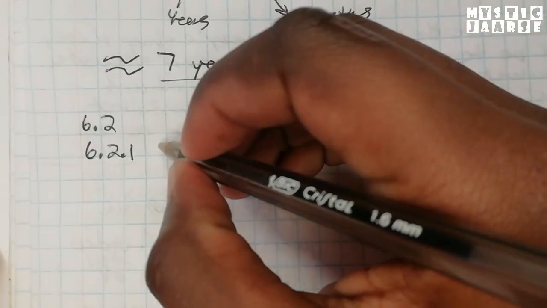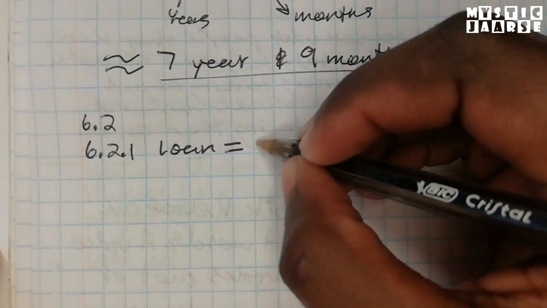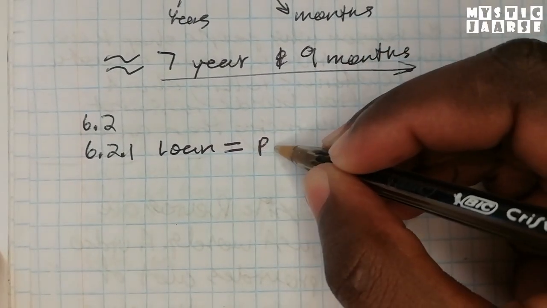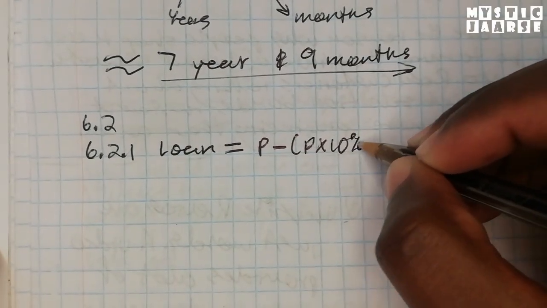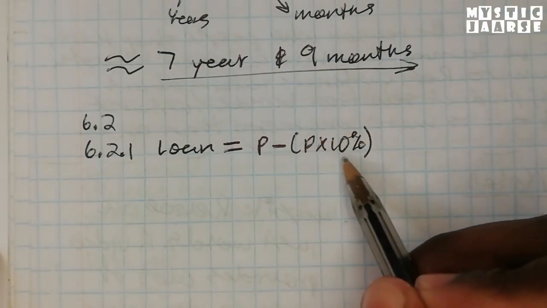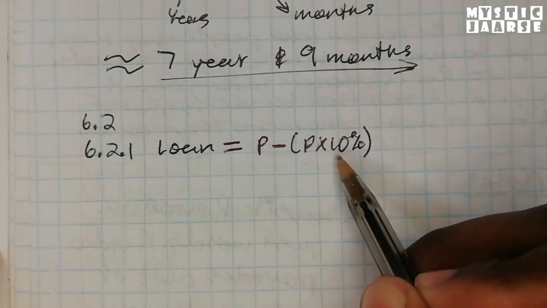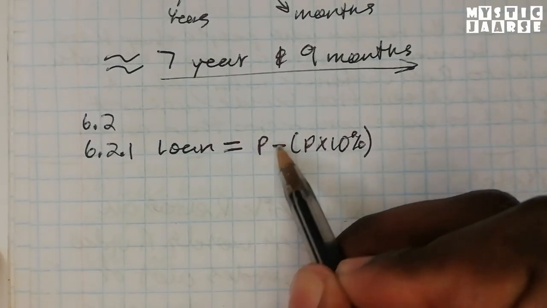In order for us to figure out the value of the loan, we have to subtract 10% of the principal amount from the principal amount, because Mr. Williams paid a deposit of 10% of the principal amount initially. So we are going to take out 10% from the principal amount.